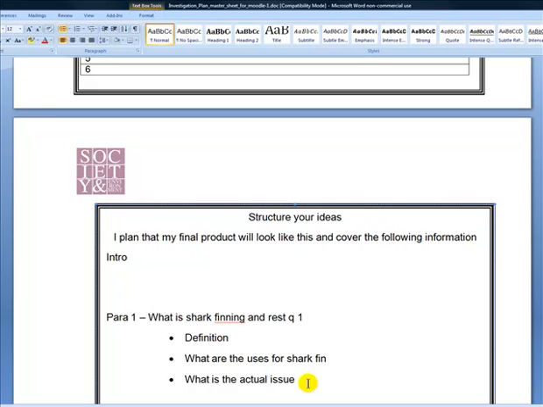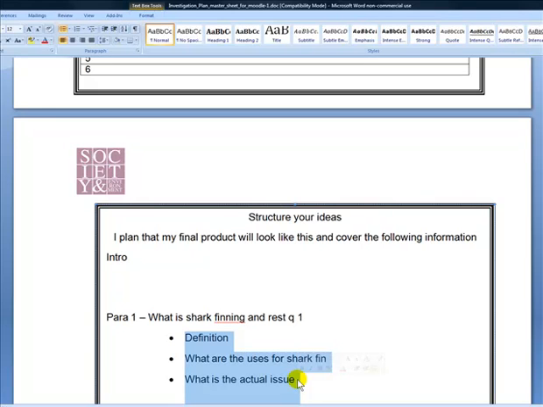Okay, so in the first paragraph that I'm going to write in my fake essay, I'm going to talk about a definition, what are the uses for shark fin, and what is the actual issue. So we've got definition, what are the uses, and what is the actual issue. Now in this plan that I've just created, I now know that when I start to do my research, these are the things I need to research for when I start writing.